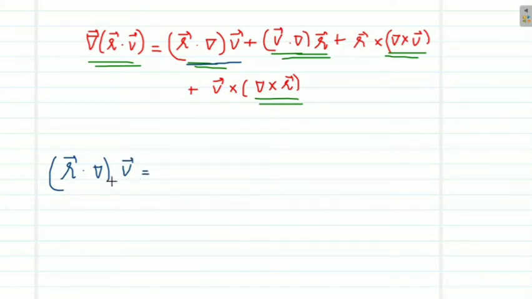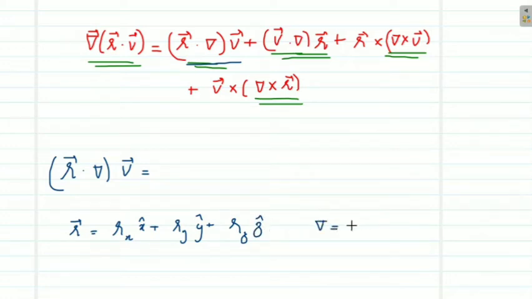Here we have r bar dot del. What is actually r bar? R bar is Rx into X cap plus Ry into Y cap plus Rz into Z cap, and del is X cap into dou by dou x plus Y cap into dou by dou y plus Z cap into dou by dou z.